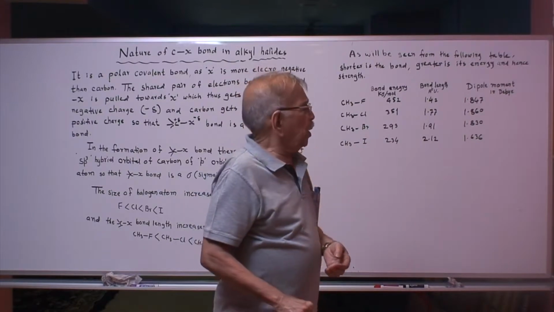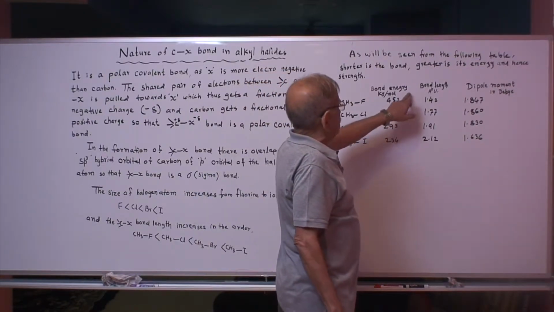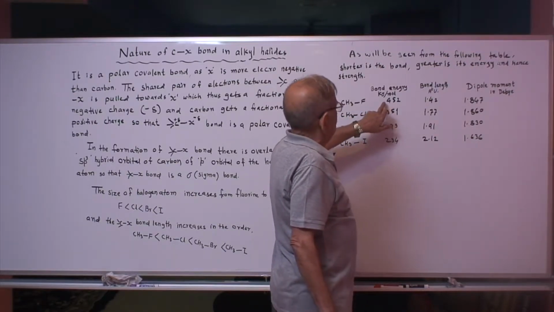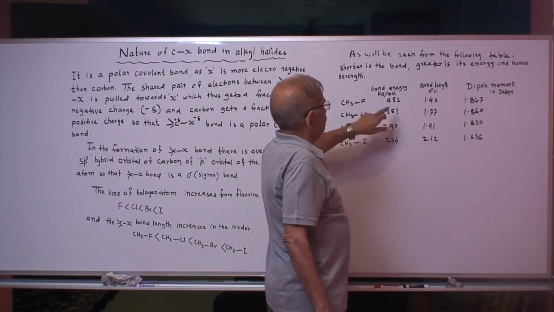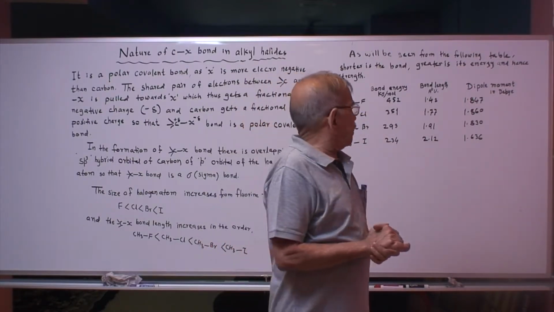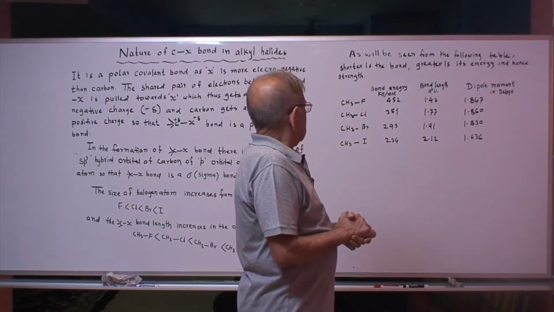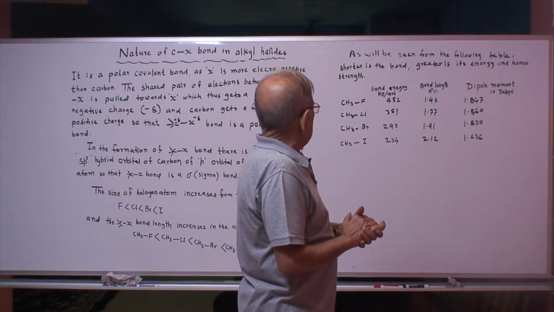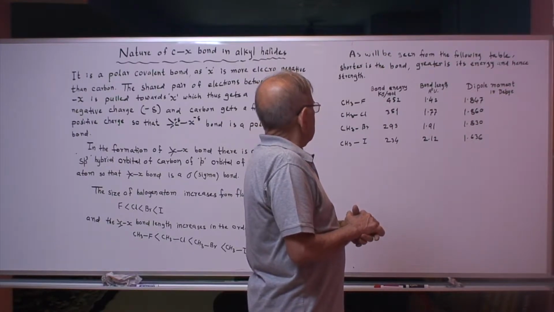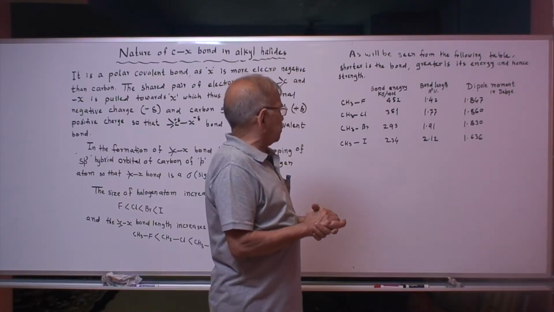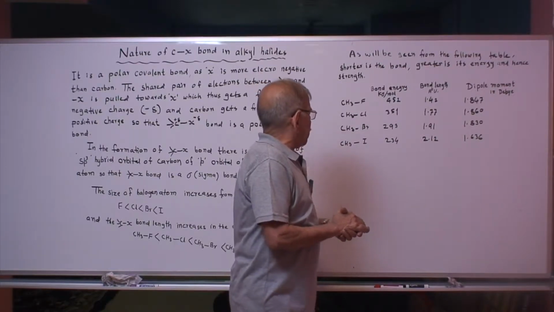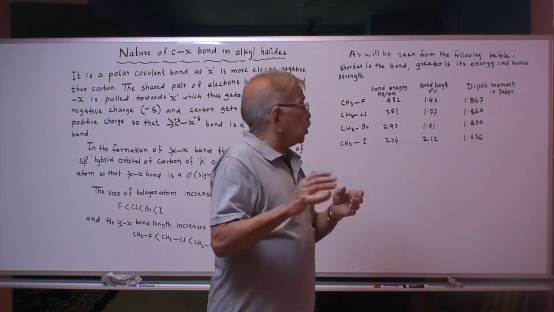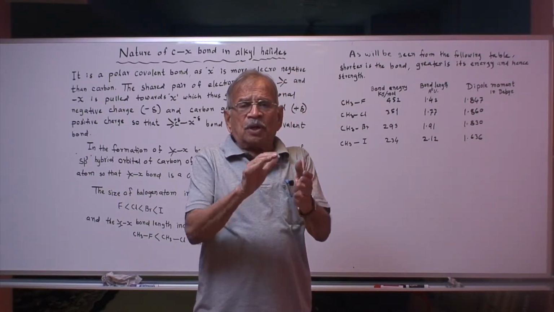Referring to their bond strengths or bond energies, we find that the CF bond energy is maximum, 452 kilojoules per mole. For CH3Cl, the CCl bond energy is 351. For methyl bromide, the CBr bond energy is 293, and for methyl iodide, the CI bond energy is 234 kilojoules per mole.